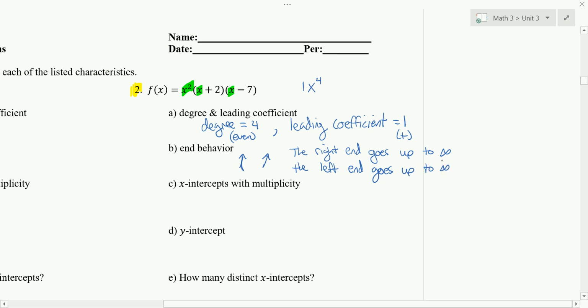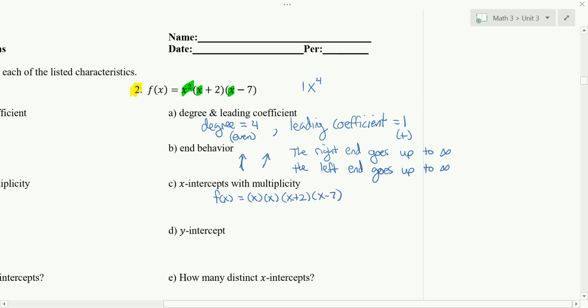Next, we want to find x-intercepts and their multiplicity. Multiplicity is how many times you repeat an x value. And so in order to do this, we want it in factored form and split this up. I'm going to rewrite f of x as x times x times x plus 2 times x minus 7.